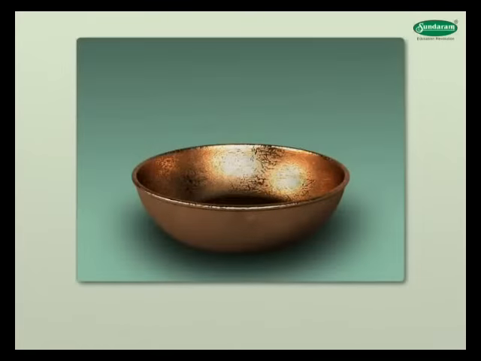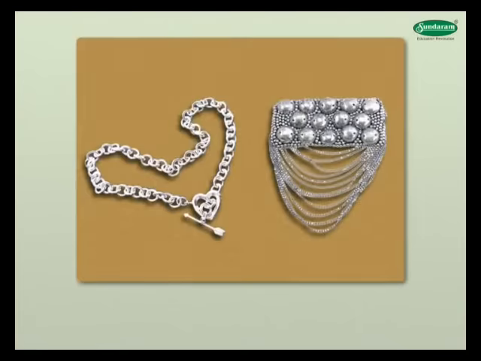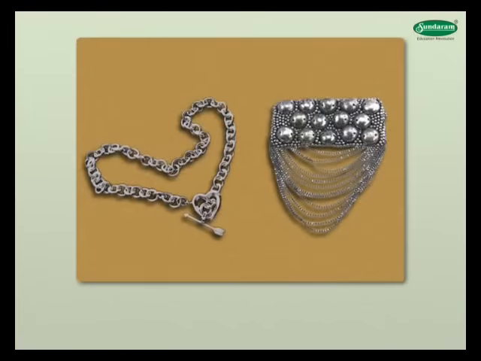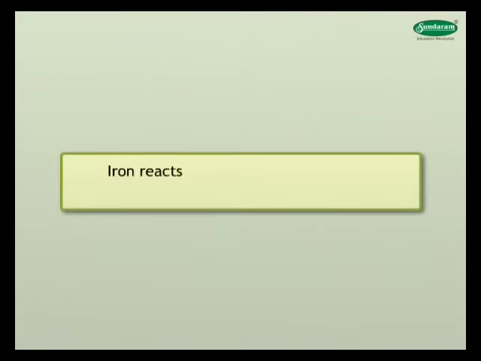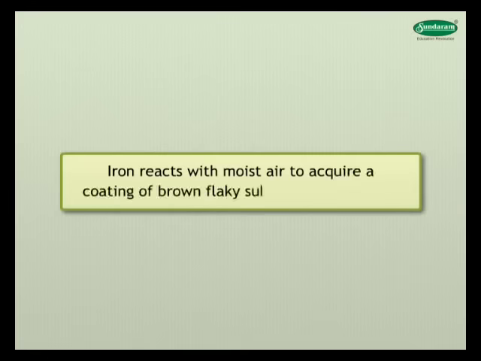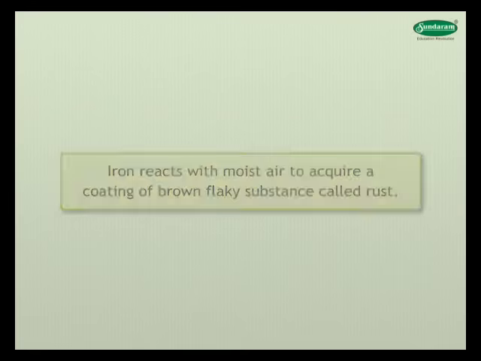Copper vessels which are not cleaned for a long time? Silver ornaments or idols which are kept exposed to air for a long time? Old worn-out cars? Iron reacts with moist air to acquire a coating of brown flaky substance called rust.